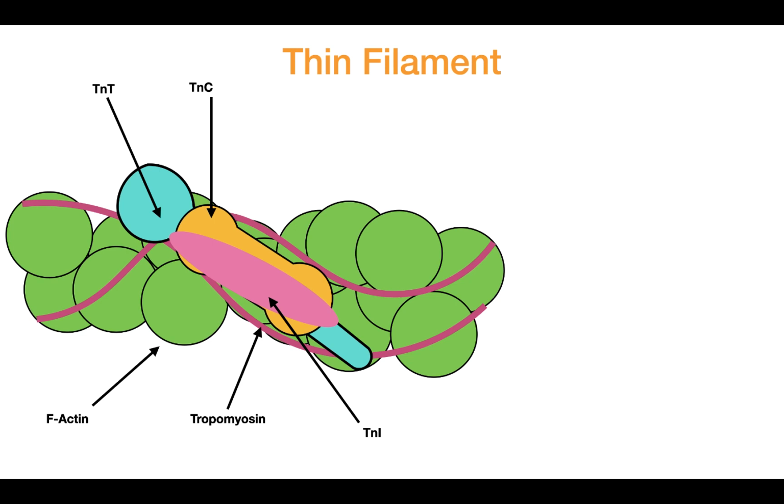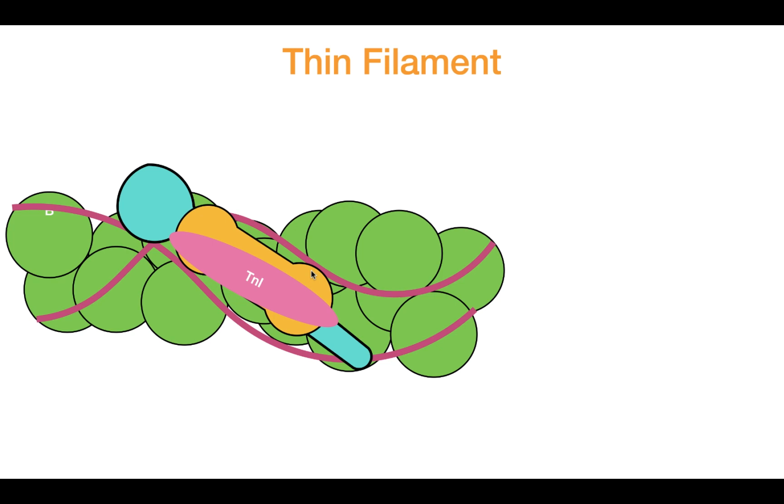So how do all these things come together? Let's just say that we have a bunch of calcium flow into the cell. As we talked about in previous videos, calcium is going to initiate contraction.